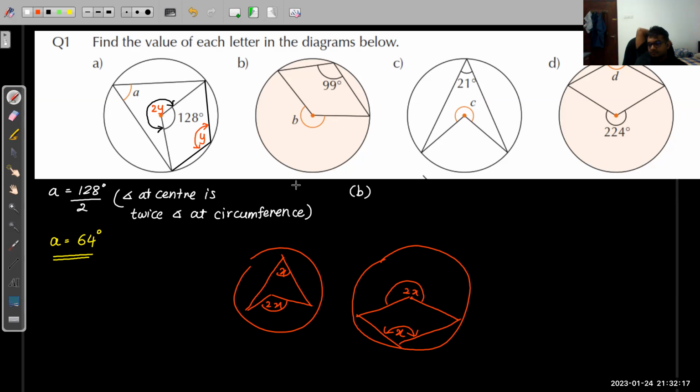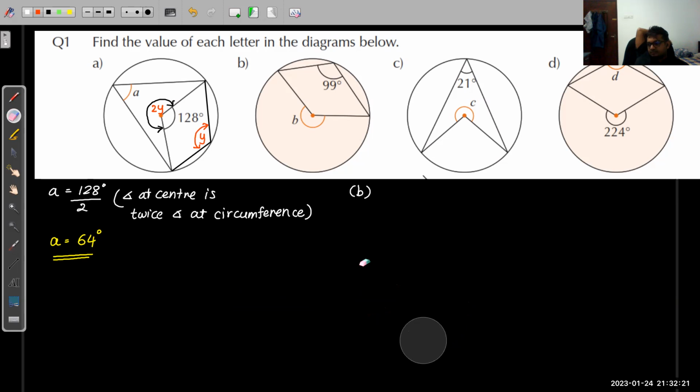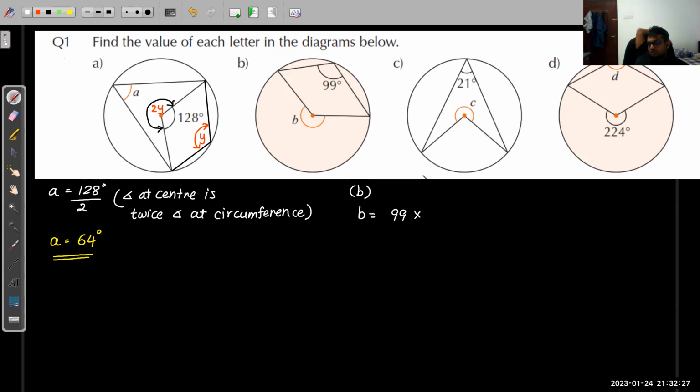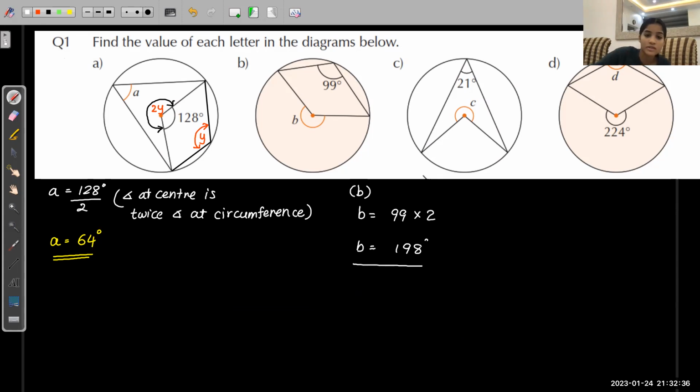So what is the value of B then? The value of B would be 99 times 2, which is 198. Oh, I have to times it.